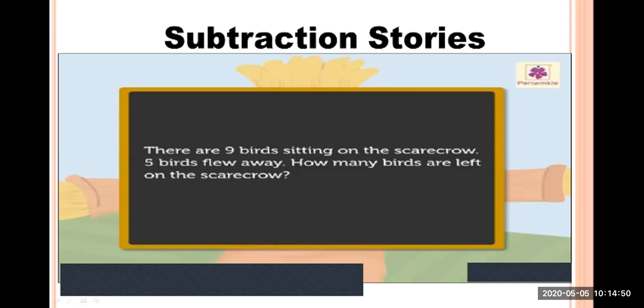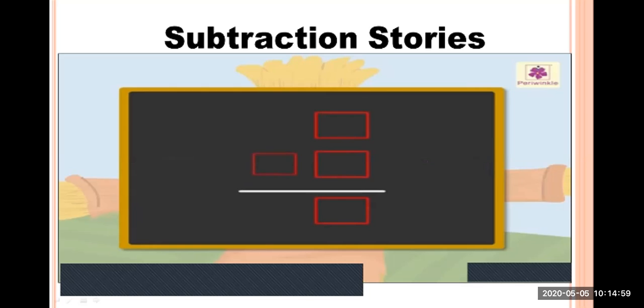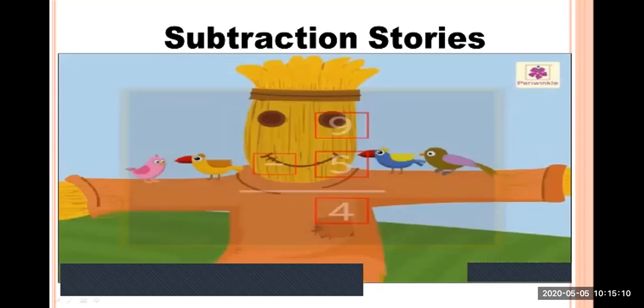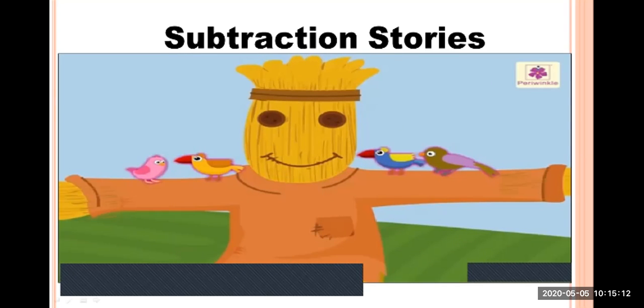We have to find out how many birds are left on the scarecrow. How many are left means we have to subtract. So, 9 birds minus 5 birds equal to 4 birds left. Hence, there are 4 birds left on the scarecrow.